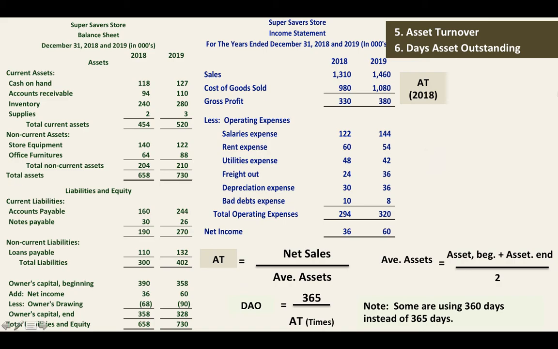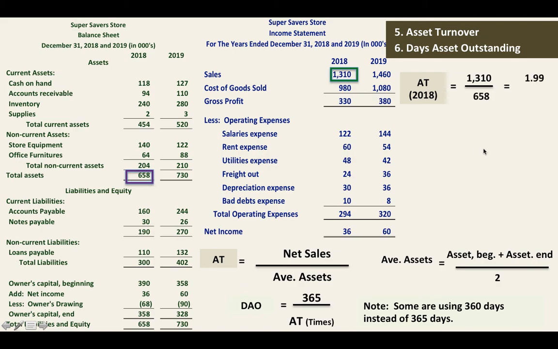So substituting the values, here we have net sales, which is 1,310, divided by the average assets. For 2018, we don't have the average because we don't have the beginning. So we will be using the ending of 2018, which is 658.